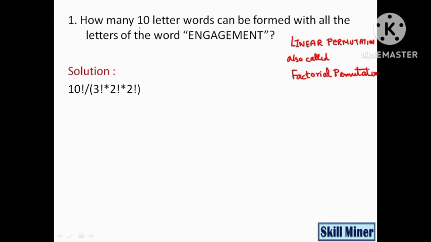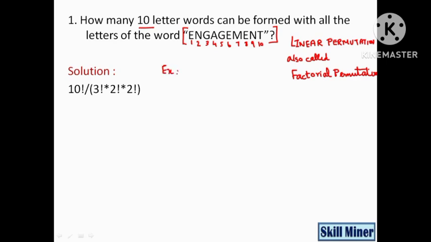How many 10 letter words can be formed with all the letters of the word ENGAGEMENT? In the question they have given the word ENGAGEMENT, which consists of 10 letters.